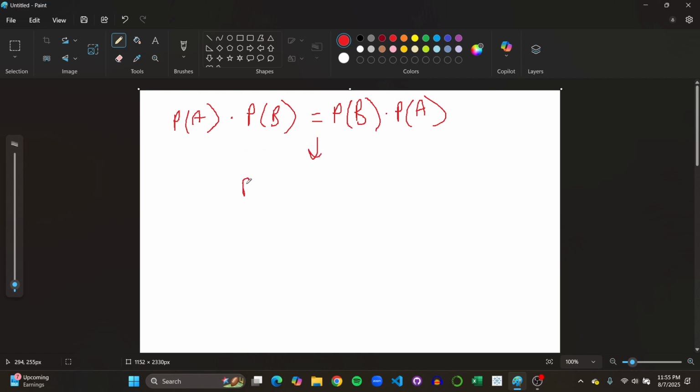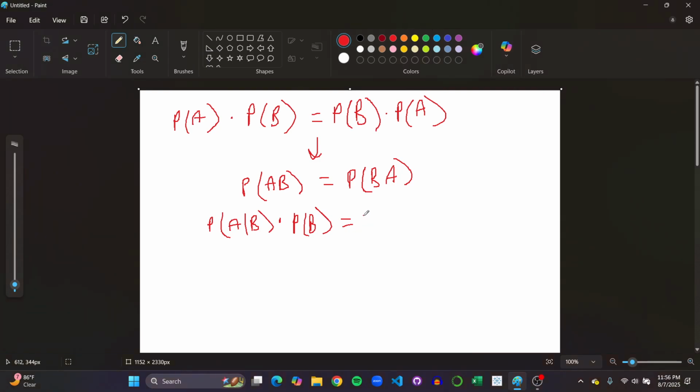And this is the same as saying P of A and B equals P of B and A. Now, what is another way to write P of A and B? It's P of A given B times P of B.